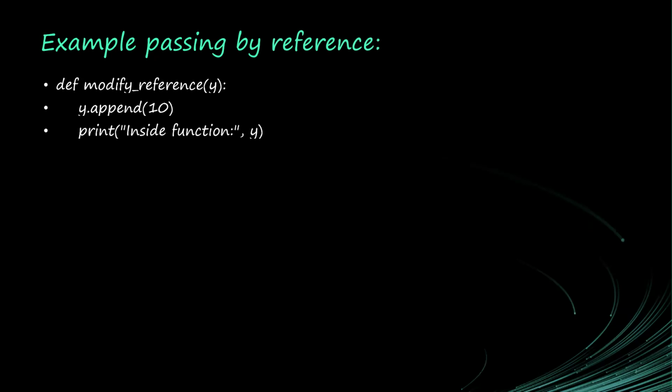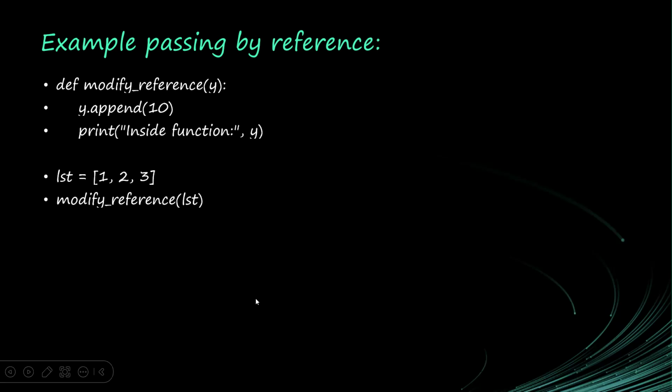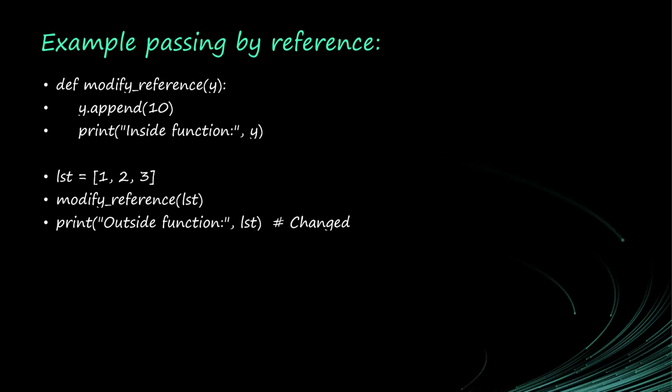I just showed you an example of how you can actually modify pass by reference. So if you pass a reference value to a function, and inside the function you're modifying it, you will actually modify the original copy because Python is not creating a new copy. Okay, so this is very, very easy to understand.